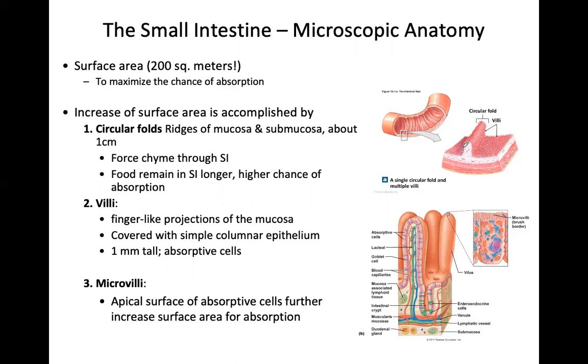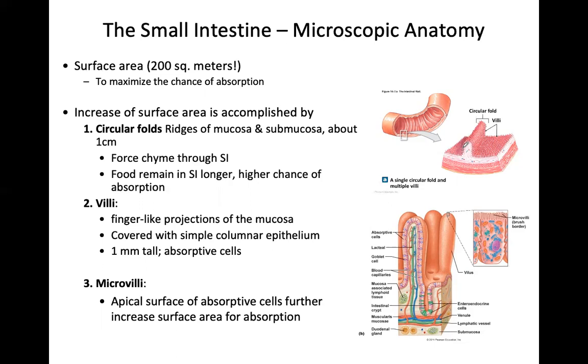The main goal of these is to slow down the food passage through the digestive tract and therefore increase the chance of absorption. They also contribute to surface area, but they're essential in slowing down the food so the chance of absorption increases.